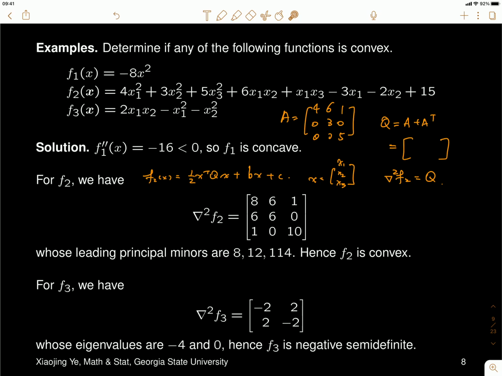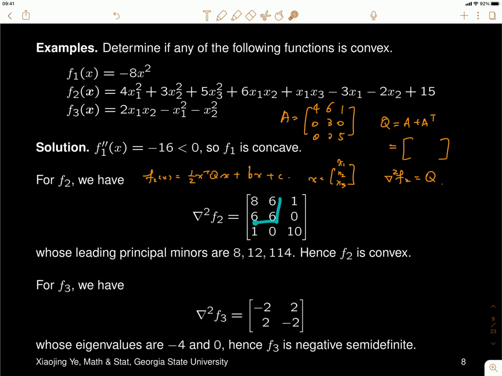So the leading principal minors means checking the determinant of this 1 by 1, 2 by 2, and 3 by 3 matrices. The first one apparently gives us 8. For the second, you can check the determinant. It will be just 6 times 8 minus 6 times 6, that is 48 minus 36, and that's 12.